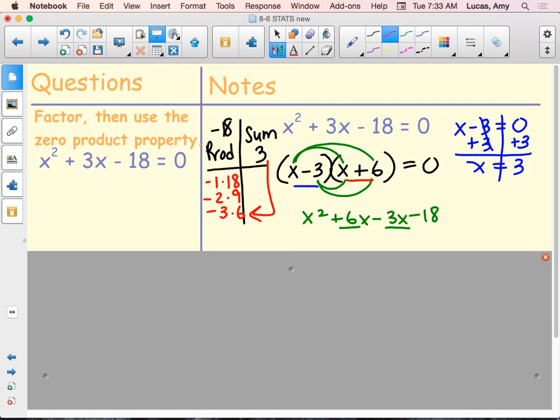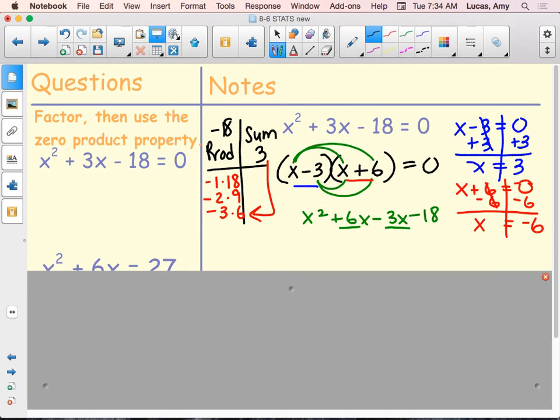Then I can set the second one equal to 0 and solve it. So I would subtract 6. So x equals negative 6. So my two solutions, my two answers are x equals 3 or x equals negative 6.